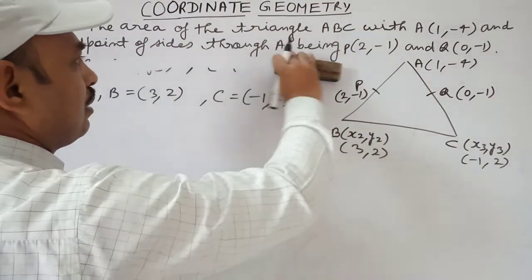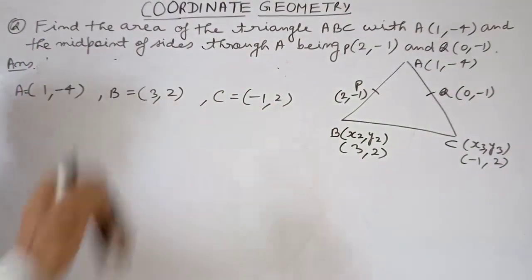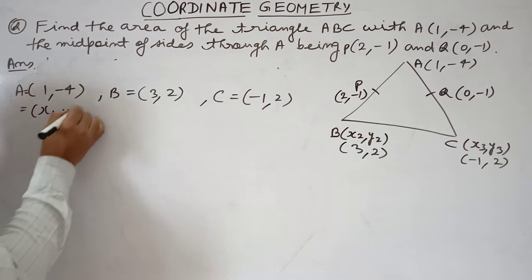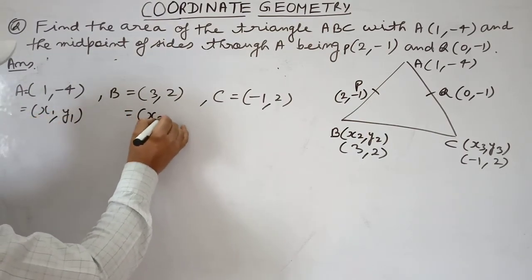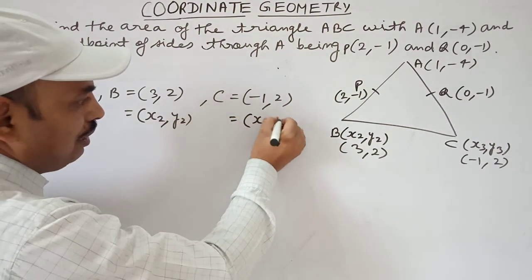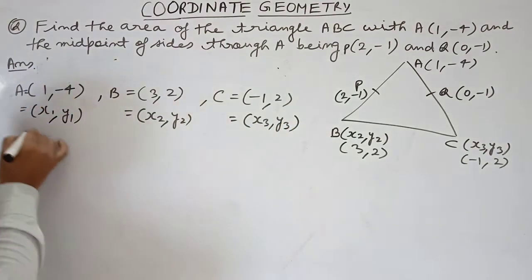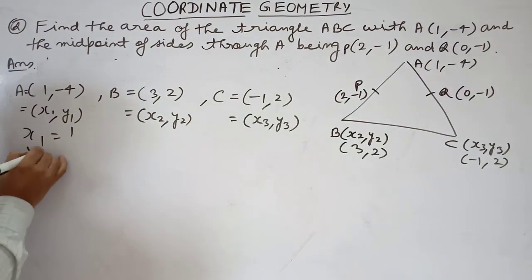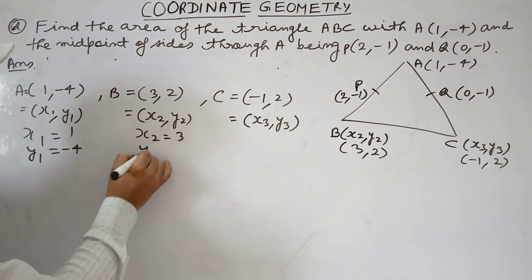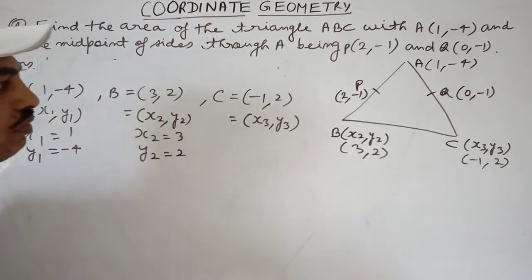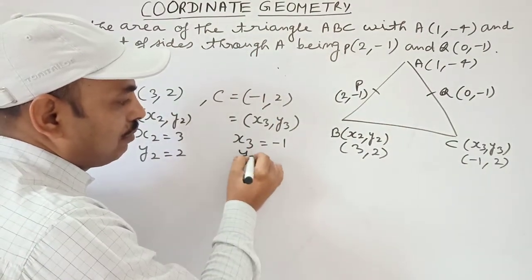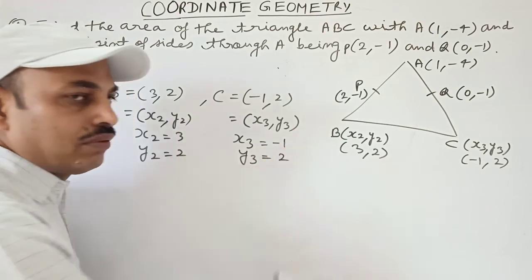Compare A with x1, y1, B with x2, y2, and C with x3, y3. We get x1 equals 1, y1 equals -4, x2 equals 3, y2 equals 2, x3 equals -1, y3 equals 2.